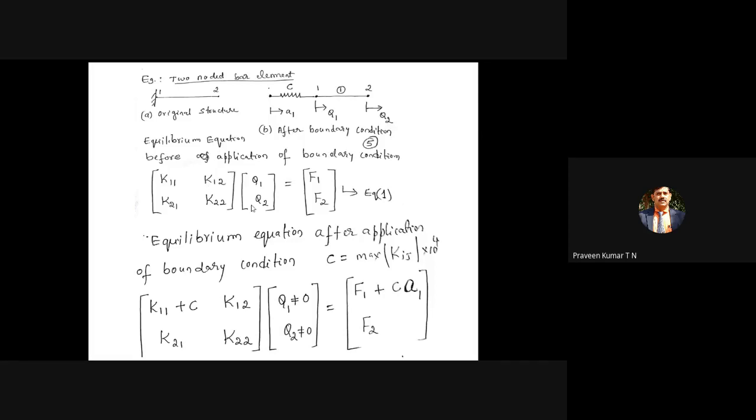Now this is the original equilibrium equation, before application of the boundary condition. Equation number 1 is nothing but the global stiffness matrix, because there is only one element here. After application of the non-zero boundary condition, at node 1 it is not fixed.